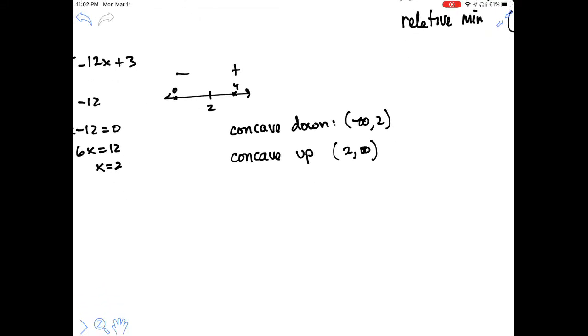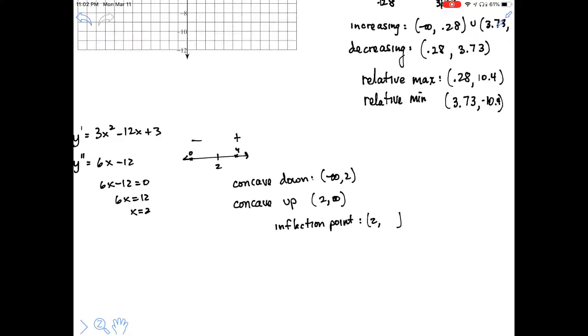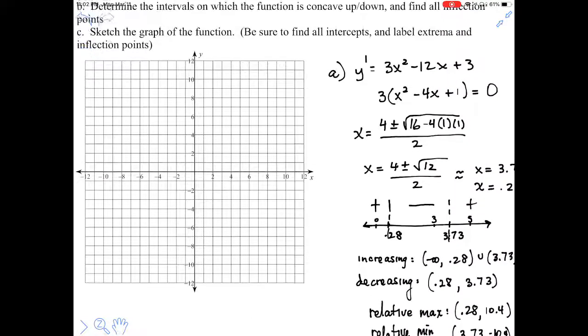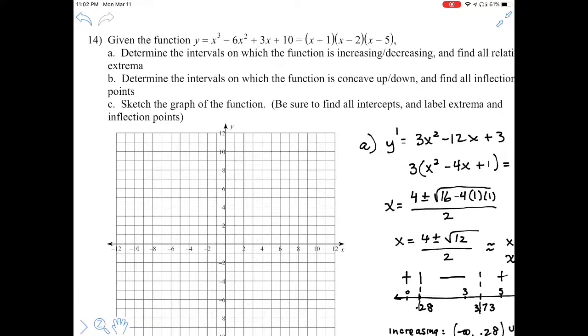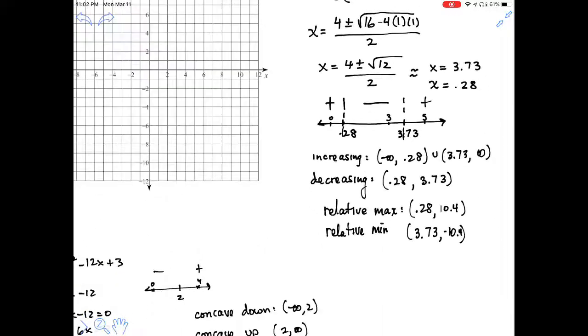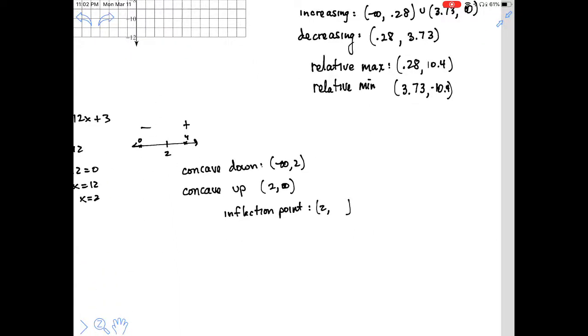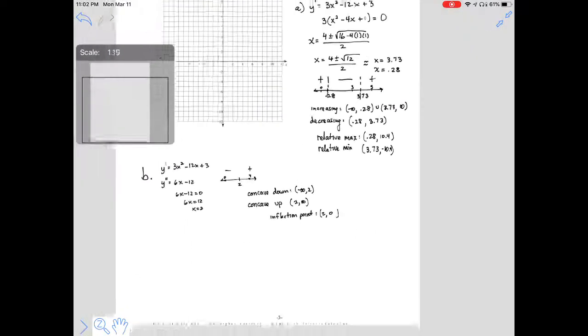Because there's a switch in concavity, there's an inflection point with an x value of 2. Then I need to go to the original function and find out where that is. I could plug in 2, but I notice if I plug in a 2 into the factored form, I get 2 minus 2, which is 0, and 0 times all the rest is 0, so I know it's going to be 2, 0.